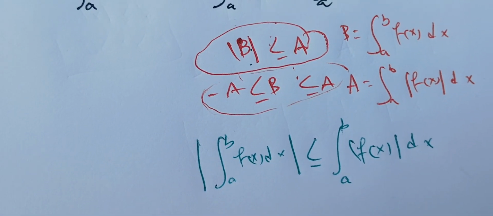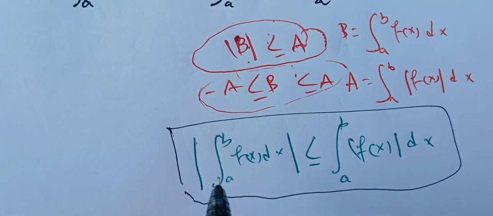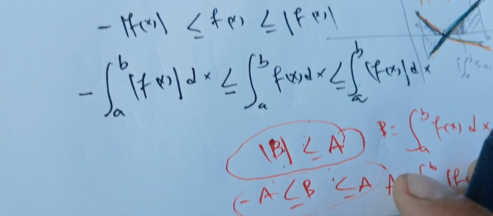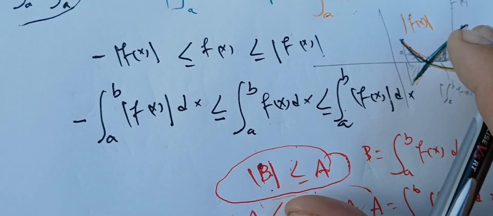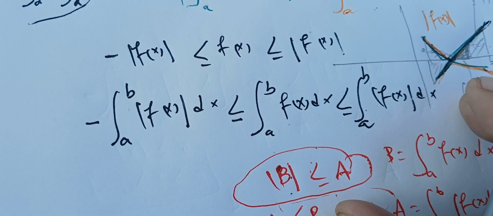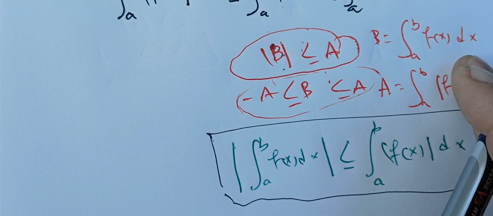And this is what I needed to prove. So we explained the algebra, how we get this result, and we gave some geometrical explanation for that. And I think that's all we need here.